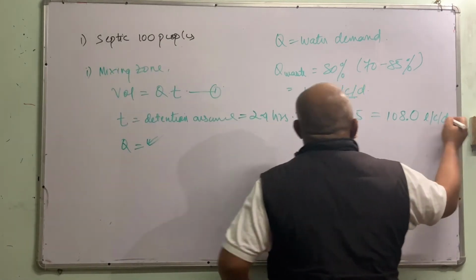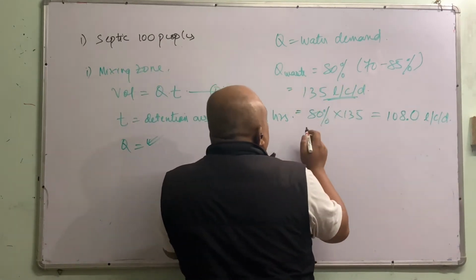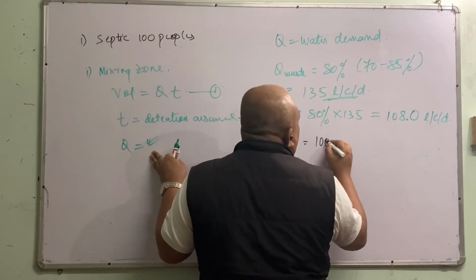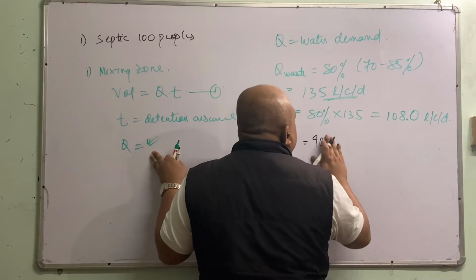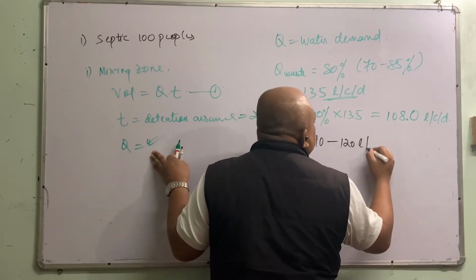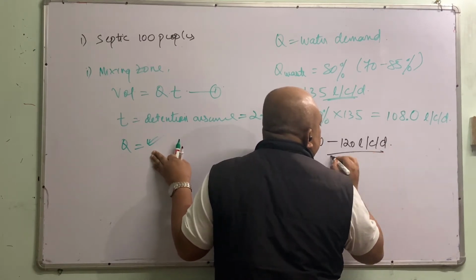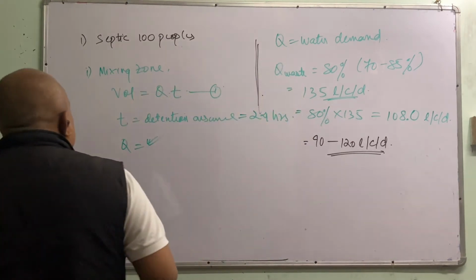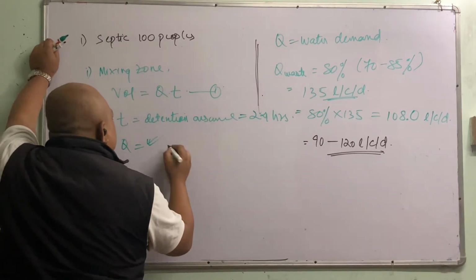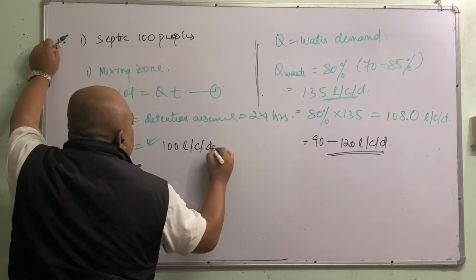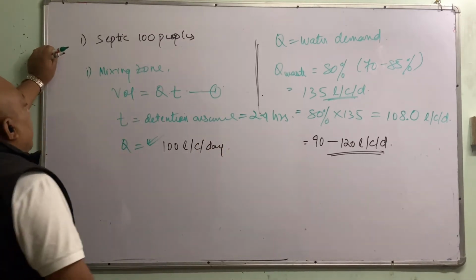So my dear friend, what I'm trying to say is, always remember that Q is around 90 to 120 liters per capita per day. So for easy calculation, you can assume Q is equal to 100 liters per capita per day. It's in a day. Very easy.